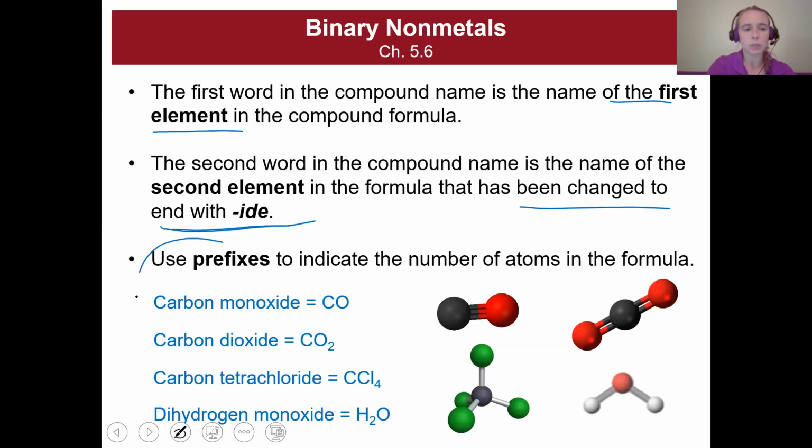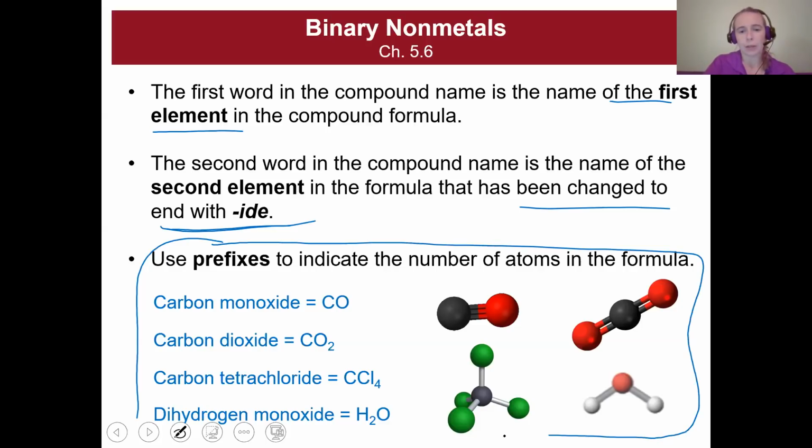But the difference with covalent compounds compared to ionic compounds is that we use these prefixes to indicate the number of atoms in the formula. So carbon monoxide has a carbon with 1 oxygen. So the mono prefix tells us there's 1 oxygen.